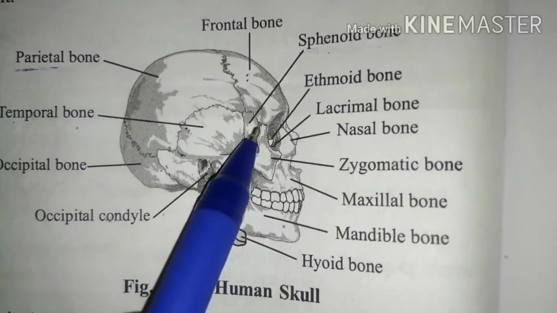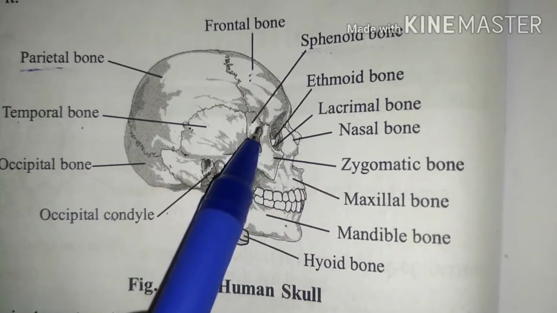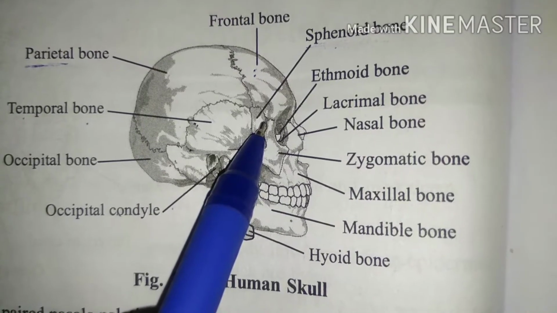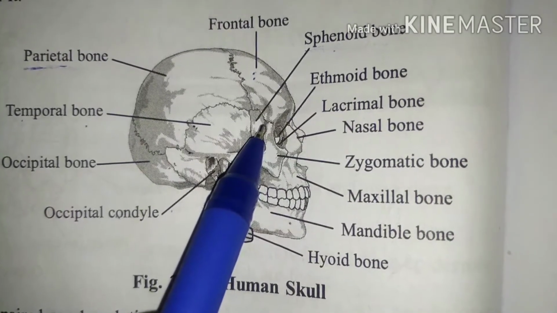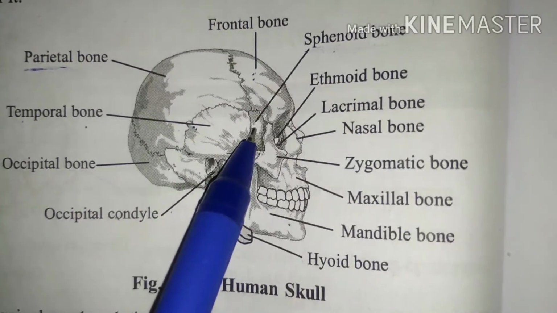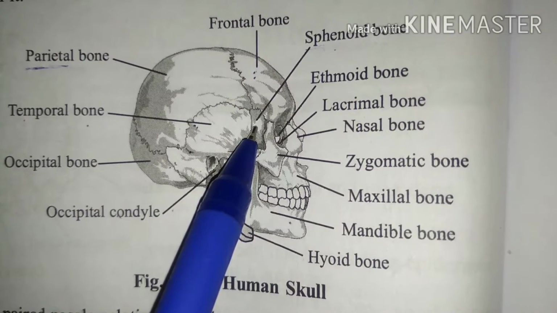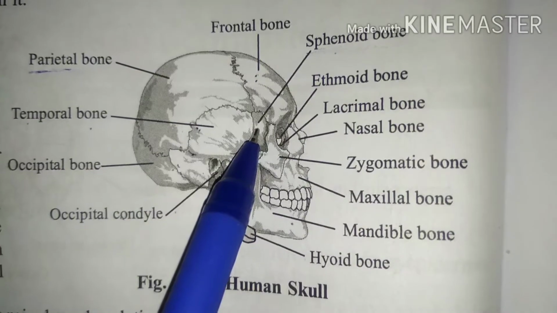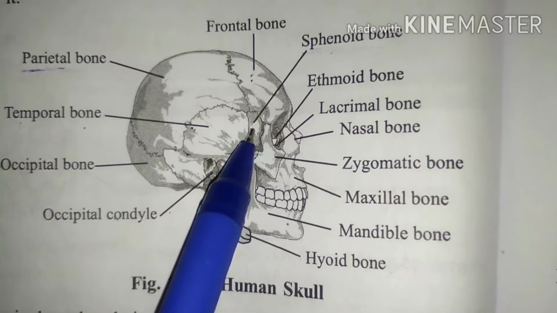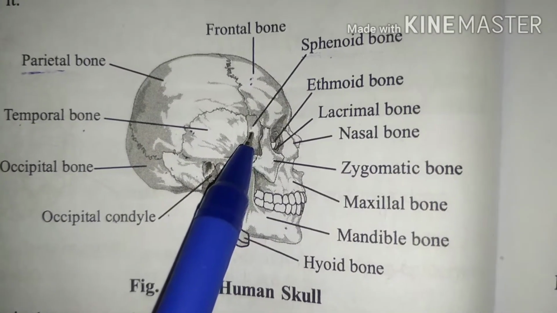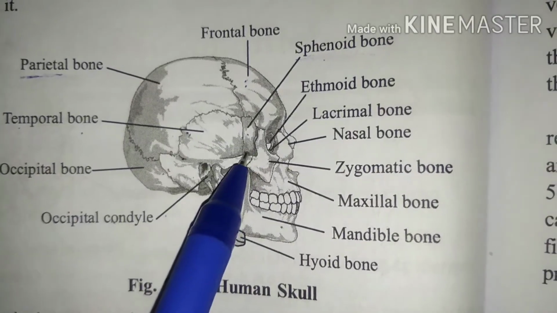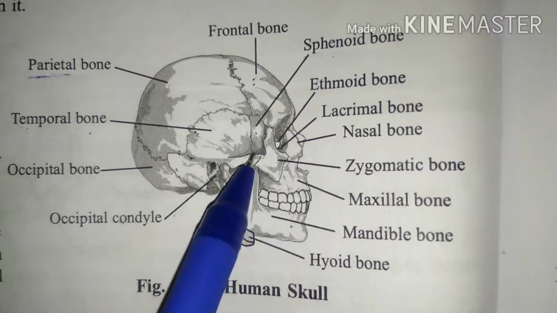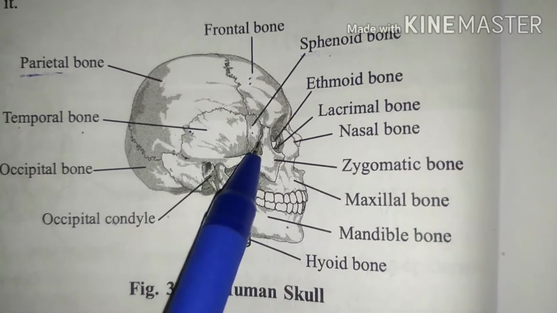Next bone, sphenoid. It is single in number and located at the middle part of the base of the skull and holds all the cranium bones together. A cavity called sella turcica to enclose the pituitary gland is present in this part.